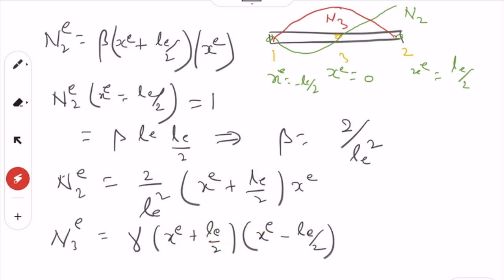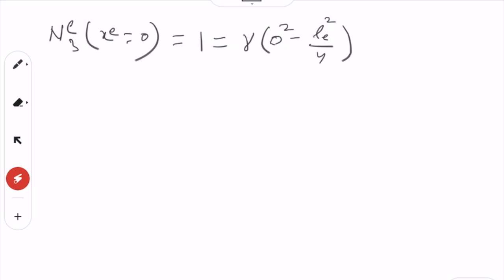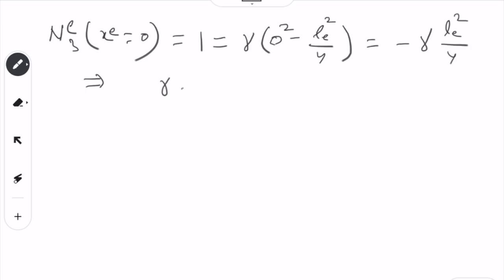So at xe equal to 0, you have le square times 0 minus le square over 4, and this will give you minus gamma le square over 4, and hence gamma will be minus 4 over le square.